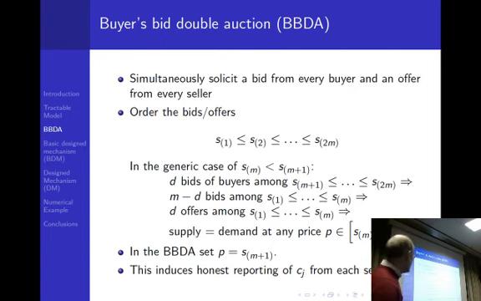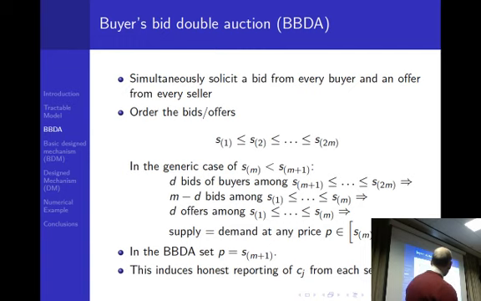And in the generic case, you'll have no ties since we've got a continuous distribution. Given that we've got M buyers and M sellers, the market clearing price is going to be in the interval from S_M to S_{M+1}. And so supply and demand will be balanced at any price in this interval.